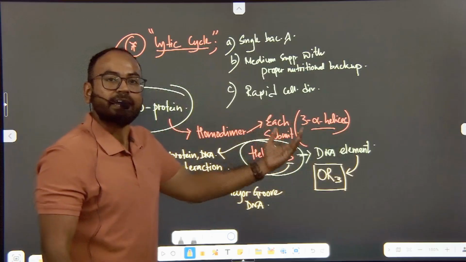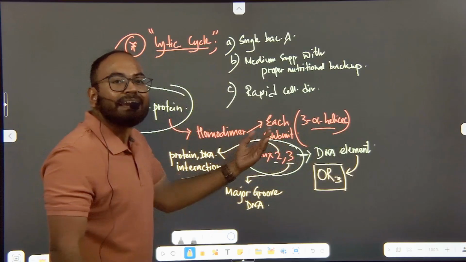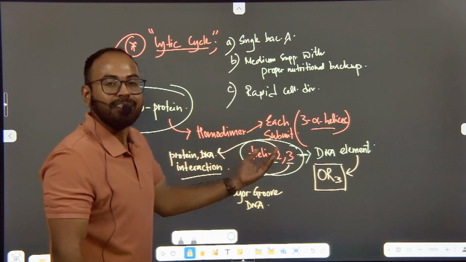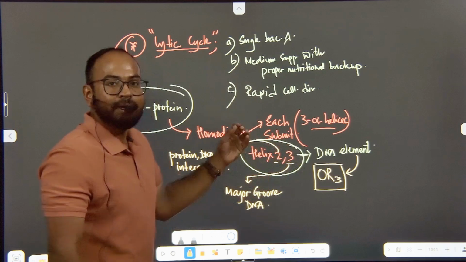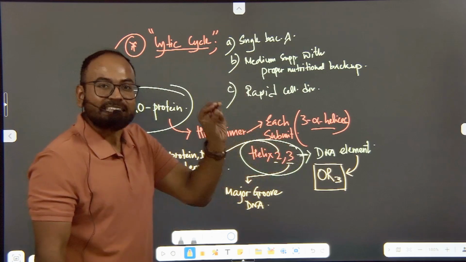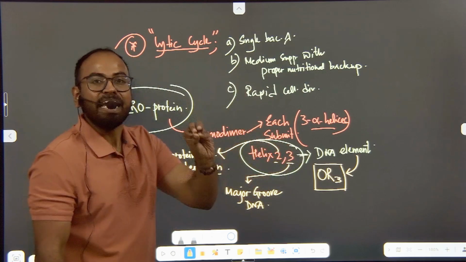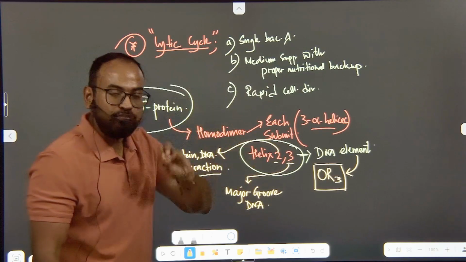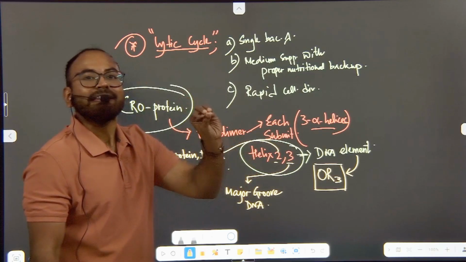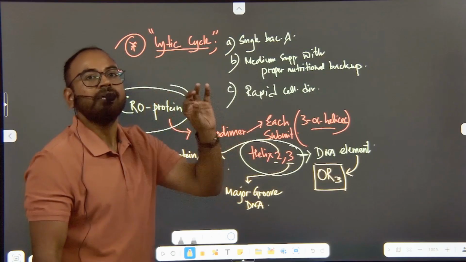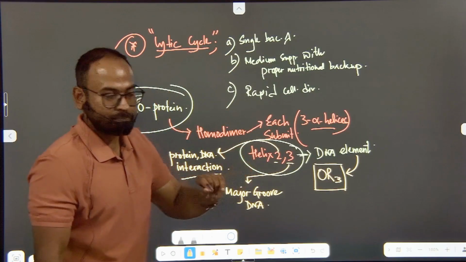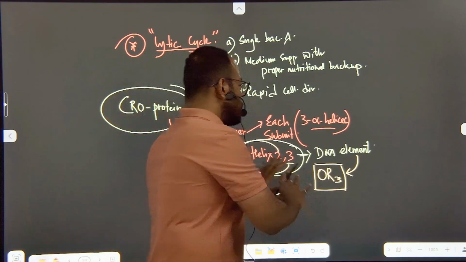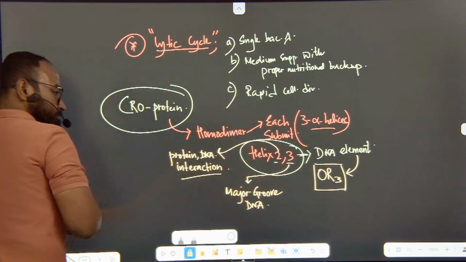Among these, helix 2 and helix 3 are mainly associated with DNA binding. More precisely, helix 3 binds with the major groove of the DNA, and helix 2 performs the protein DNA stability. So this is all about the protein.